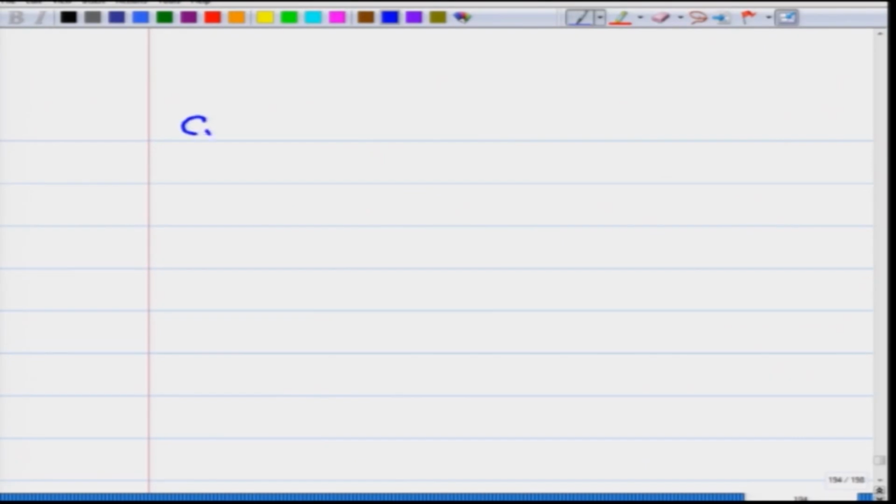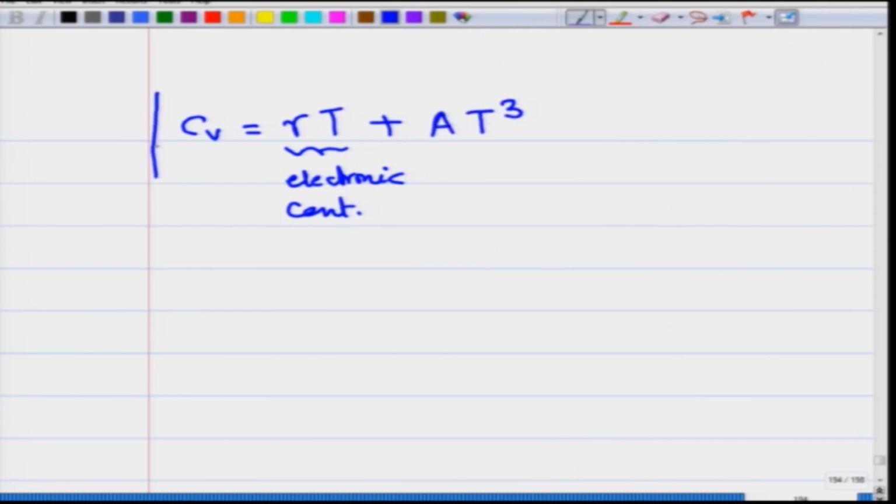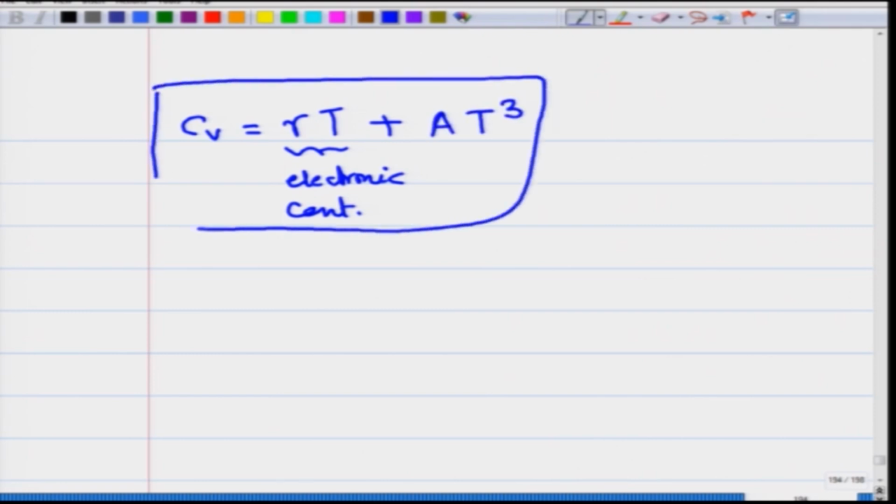And that happens because, as I had said, the specific heat has two contributions. One is the electronic contribution, which we have seen from Sommerfeld's theory, and another contribution is because of vibration of ions inside the solid, and that is the ionic contribution to specific heat, which is written as A times T cube. This is the general expression which you will come across later also.